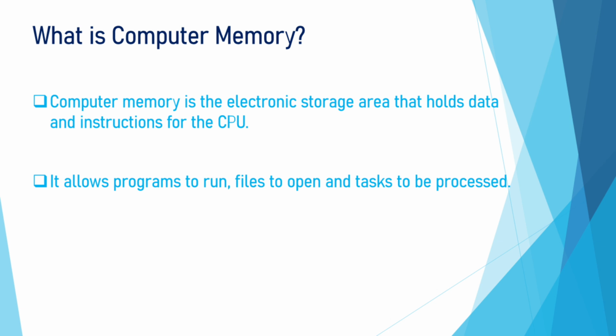Think of memory as a study table. Your books are kept in a cupboard, but when you are studying, you place them on your table. Similarly, files are stored in storage devices, but while you are working, they are loaded into memory. Without memory, the CPU cannot process any information efficiently.